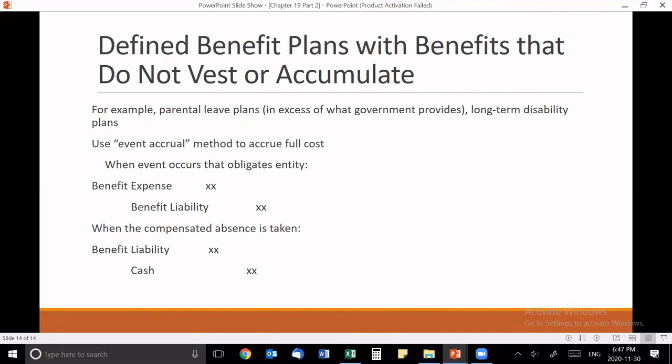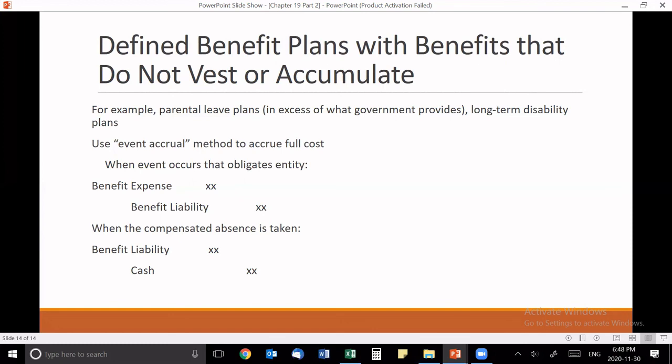And then when the cash is paid out by the company, we're going to debit our liability, credit our cash. Okay, so we just use the accrual method. When we incur the cost, we're going to have a liability. When we pay it out, we're going to get rid of the liability and pay the cash. So it's pretty straightforward for the other benefits, post-retirement benefits or parental leave, long-term disability plans.